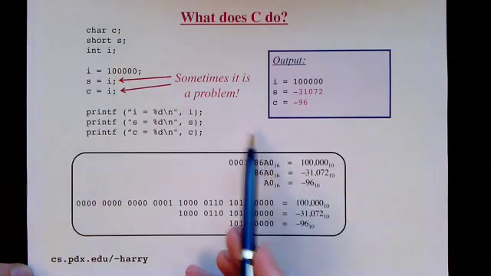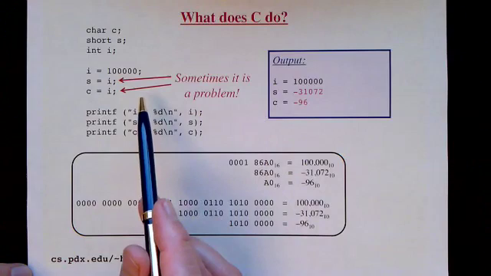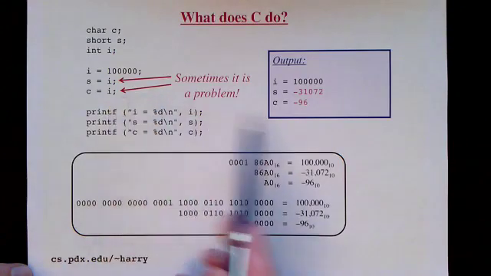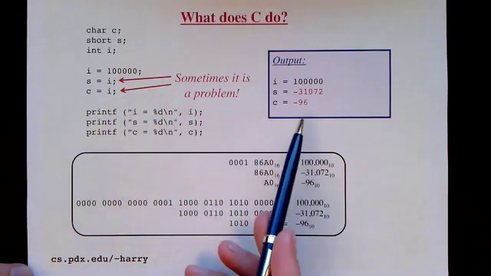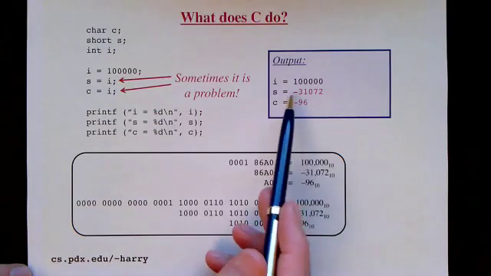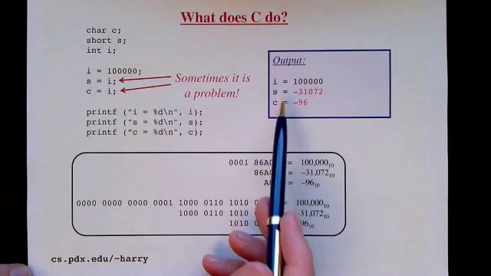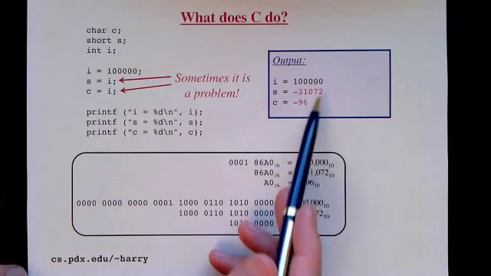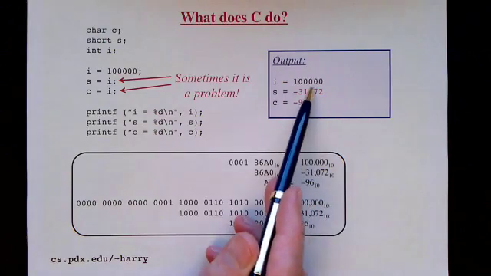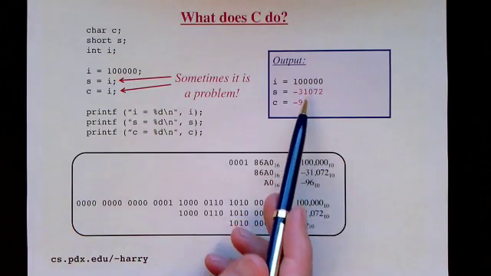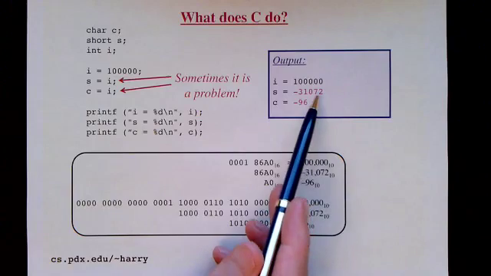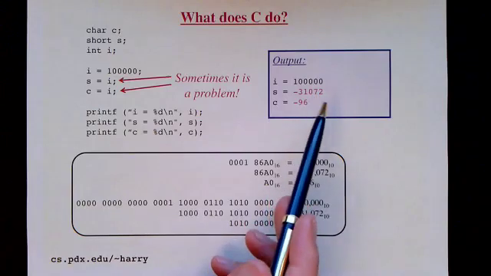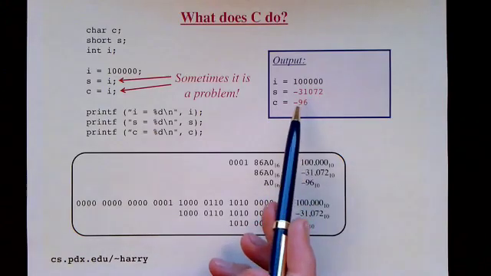So sometimes when we move from a larger size to a smaller size, the value can change if it's not representable in the smaller size. Whatever value we get for the half word or for the byte has to be a value that can be represented in a half word or a byte. And 100,000 is too large to be represented as a half word or as a byte. So we get other values that are not necessarily what we might expect to get.